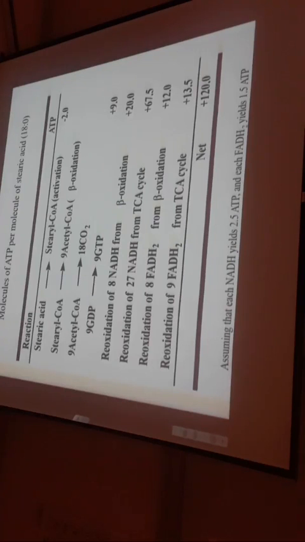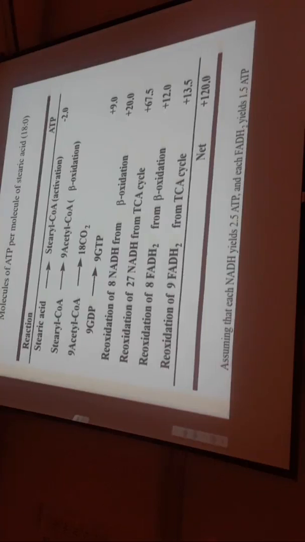Okay. So we produce, in this case, for each acetyl-CoA, 1 ATP directly. Here it's shown as GTP. Remember, it doesn't matter. So we have 9 acetyl-CoAs, so we produce in the citric acid cycle for each of these 1 ATP equivalent, so 9 ATP equivalents. Then for each of these acetyl-CoAs, we produce 3 NADH.